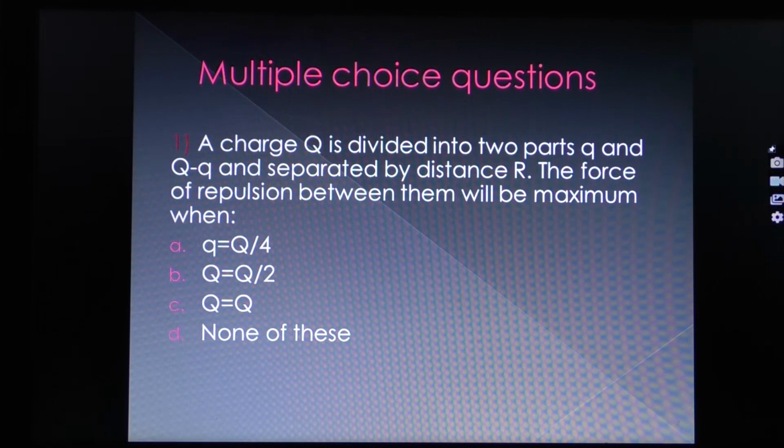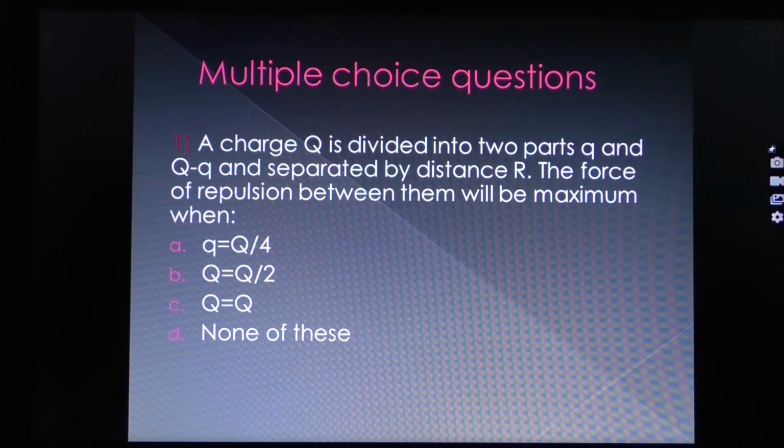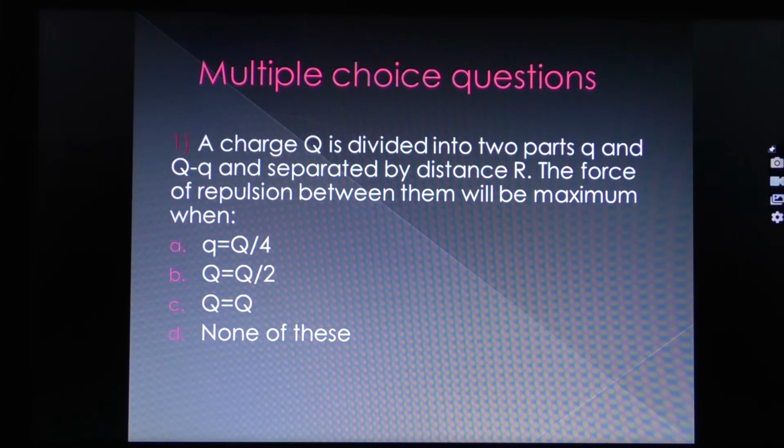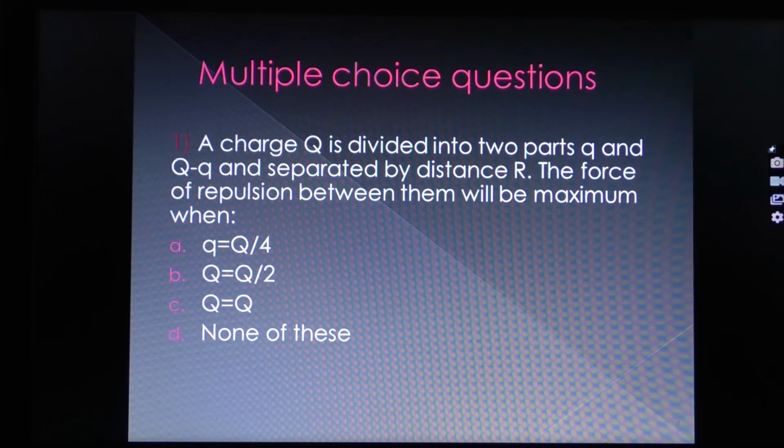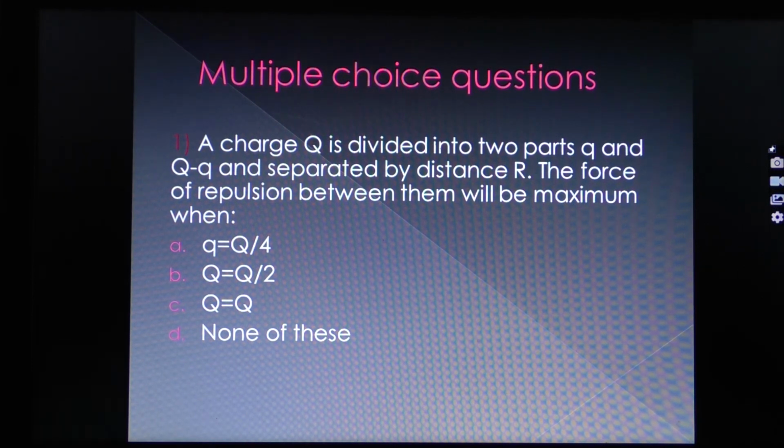And how are you going to answer it? Because we are talking about two charges, definitely we are going to use Coulomb's law. The first charge is q1, and q1 is equal to q2, because a charge Q is divided into two parts. So two parts means q1 and q2 are equal.